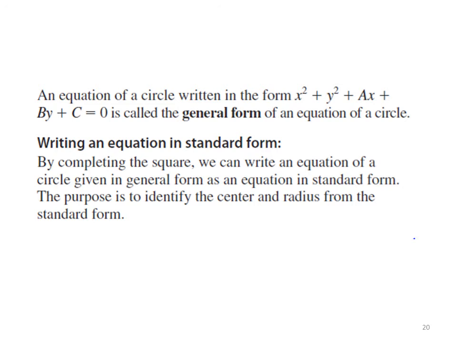Here we have two variables, x and y. If you start with the general form and complete the square for x and for y, that should give you the equation in standard form. And we will look at examples of how to write the equation in standard form.